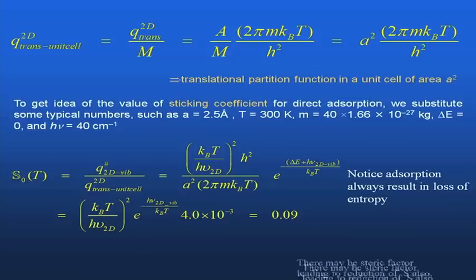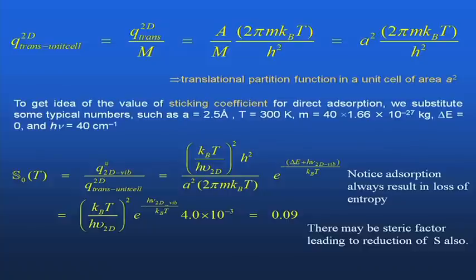Since it sticks to the surface, its restriction is more and its freedom of movement is reduced. If its freedom of movement is reduced, then of course its entropy should reduce. So, adsorption always results in a reduction in entropy. And there may be a steric factor leading to a reduction of S as well.